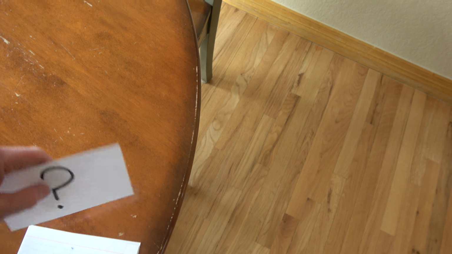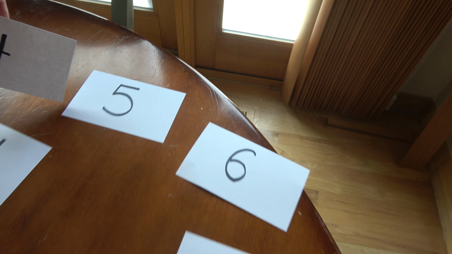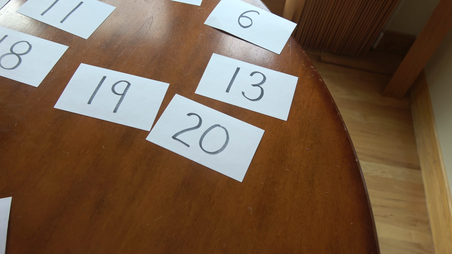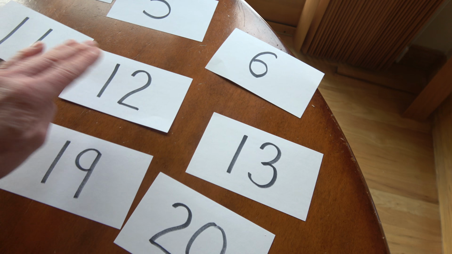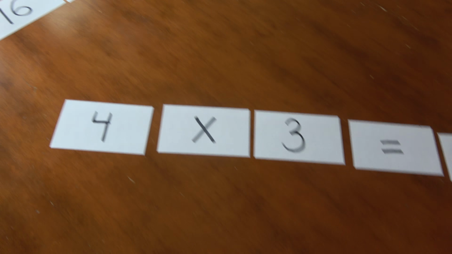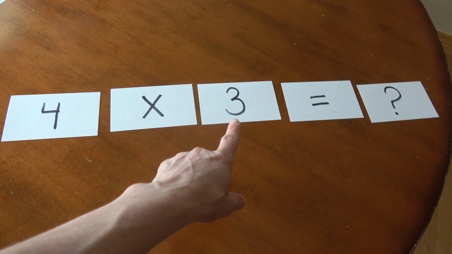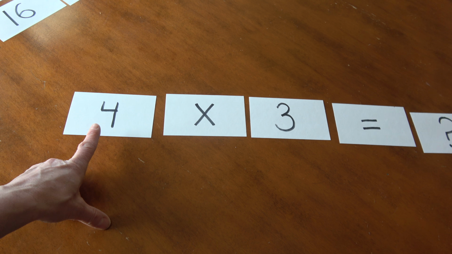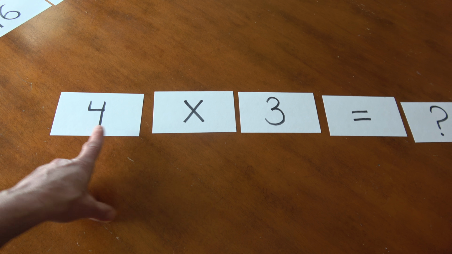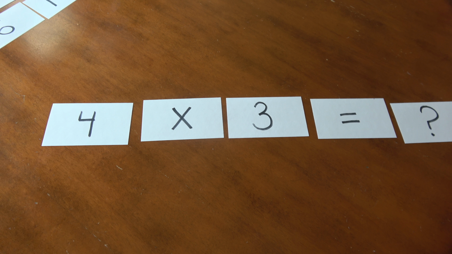We'll reset. Put back our question mark. We will reset our cards. Now, I have 4 times 3 equals what? I need to make 4 trips. Each time I'm bringing back 3 objects. Ready? Let's make the first trip.